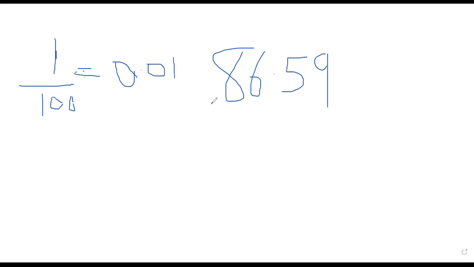Can you see? 0.01. From here, look at the 2 decimal places. The pip for this yen pair is at the second decimal. So this is the pip calculation for it.